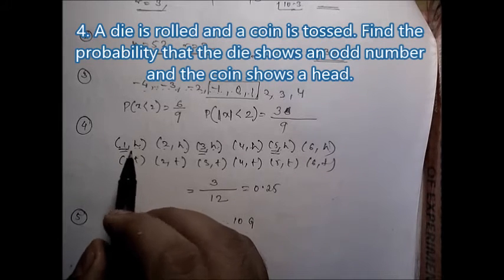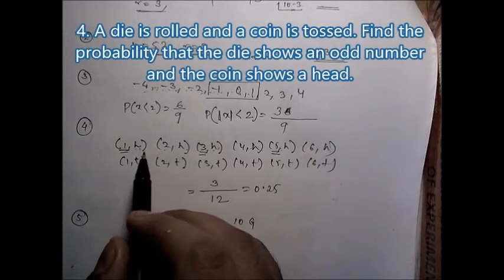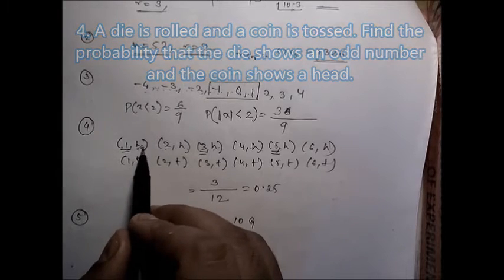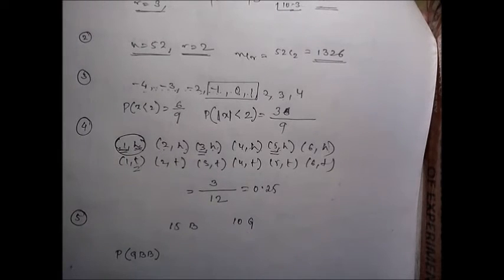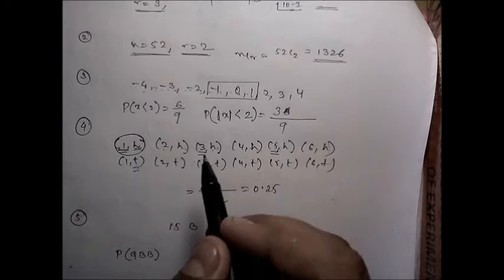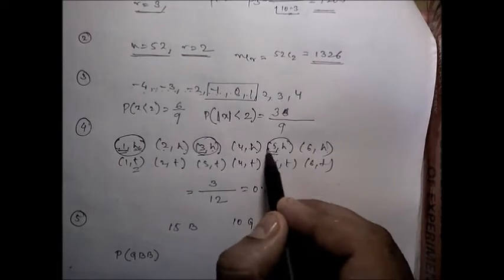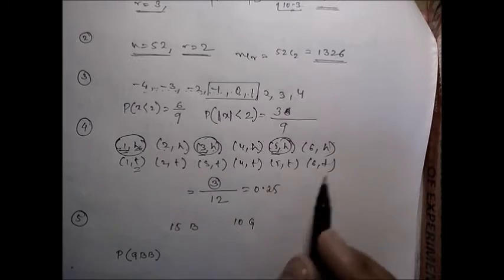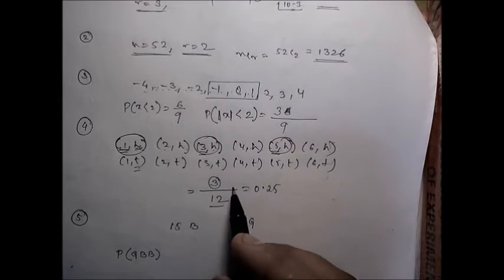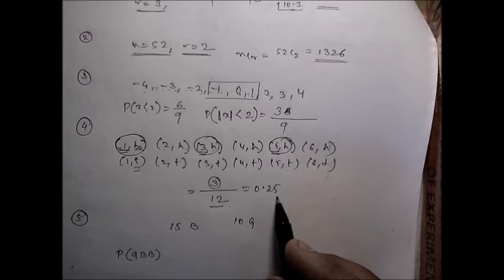So rolling a die gives 1 to 6, and tossing a coin, heads are there and tails are there. So find the probability that the die shows an odd number and the coin shows head. So total number of favorable events is 3, total number of events is 12. So probability is 3 by 12, that is 0.25.